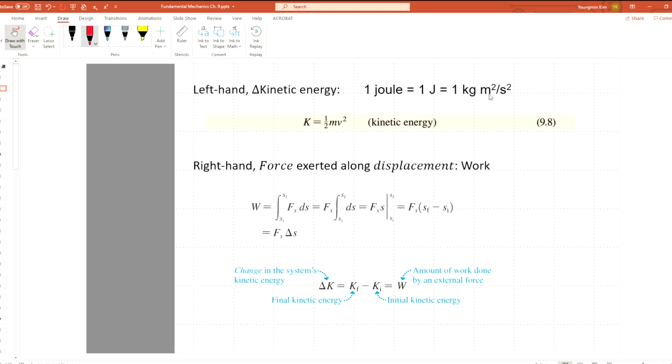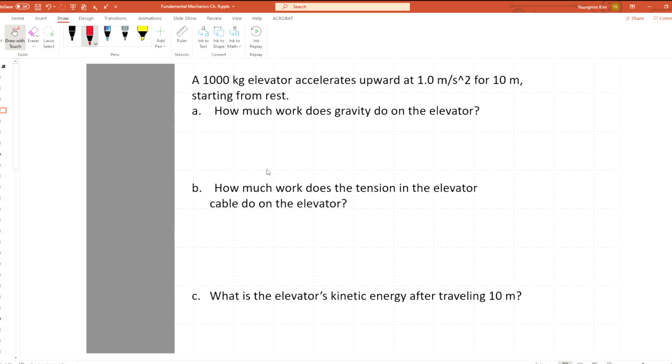So 1 joule is equal to 1 kilogram meter squared per second squared, and that is Newton meter. Joule is the unit of energy, and work is equivalent to energy.